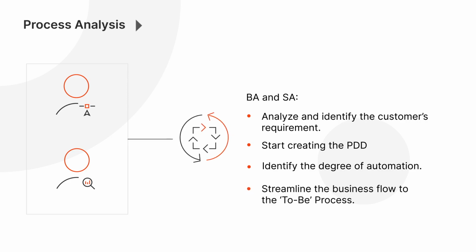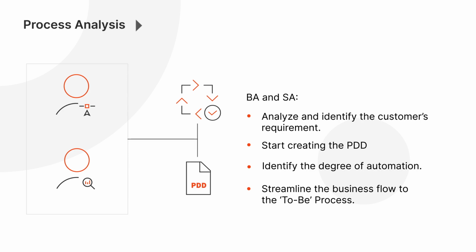Next, they optimize the overall business flow of the as-is process into what's called the to-be process. At the end of this stage, the high-level to-be process must be created by the business analyst and the solution architect and agreed upon. The to-be process is what will be implemented. Next, the process definition document is filled in with the as-is and to-be processes.